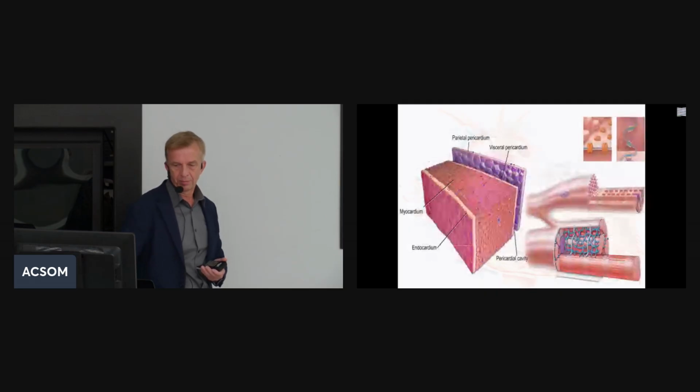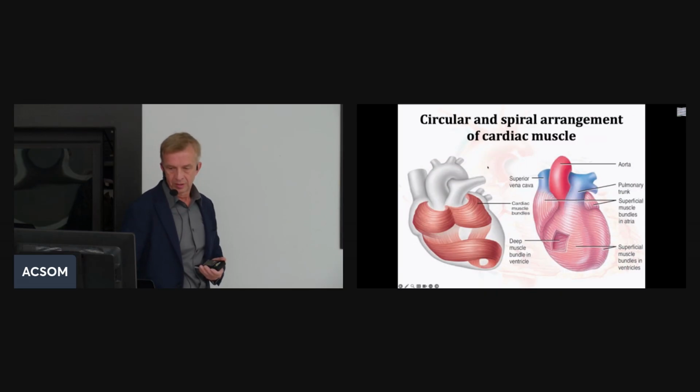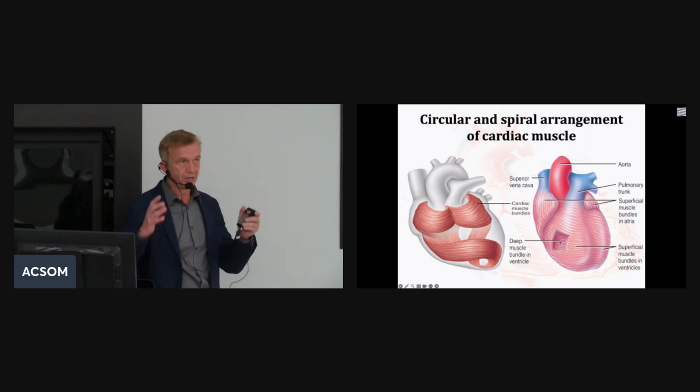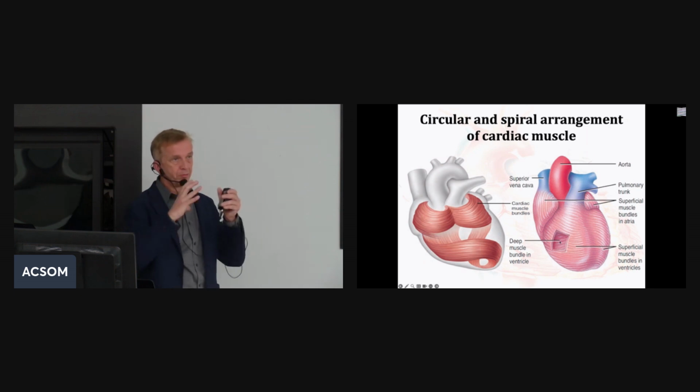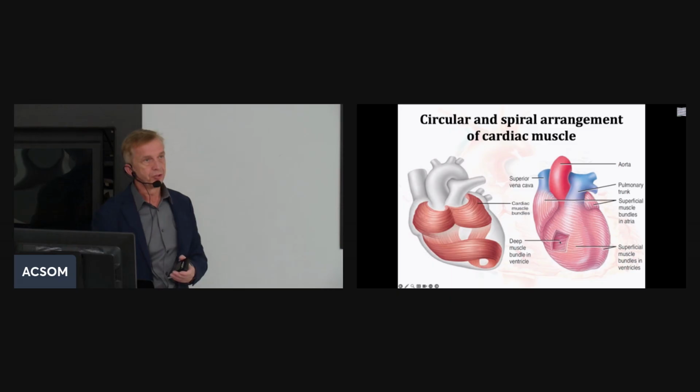For the most efficient pumping function, there are circular layers of the myocardium, and then there are some other spiral layers. So the heart basically can move more efficiently during the systole.